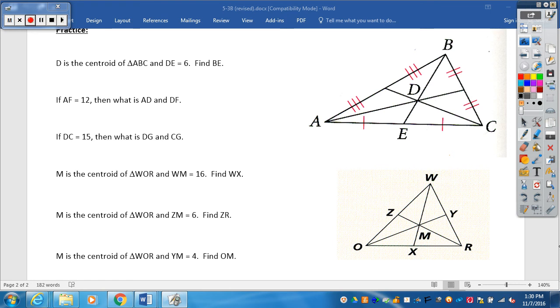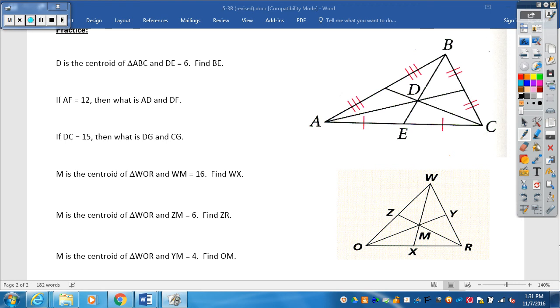Now, okay. So here's what we have on our paper here. D is the centroid of triangle ABC. So this point is the centroid. And we know that DE is 6, and we have to find BE. All right, so if I go ahead and put down that this is 6.